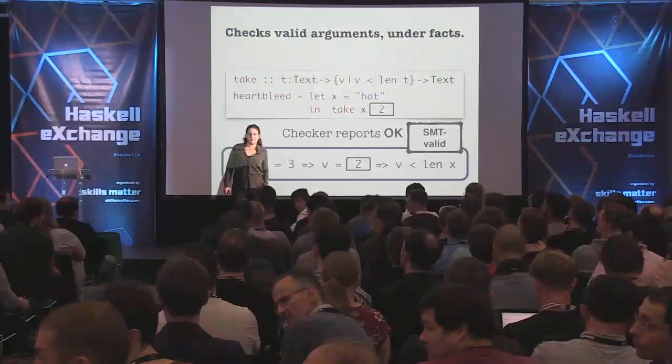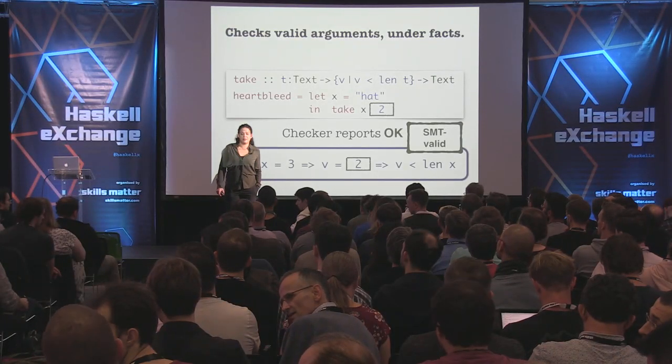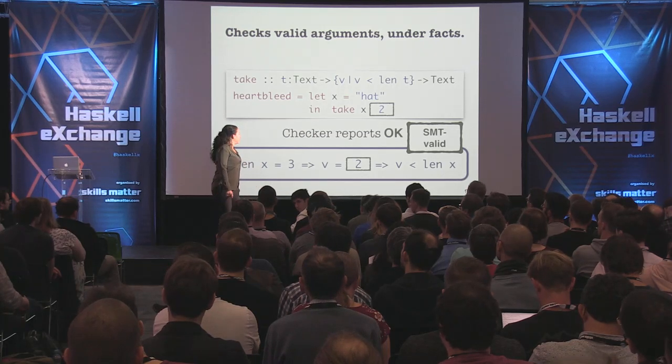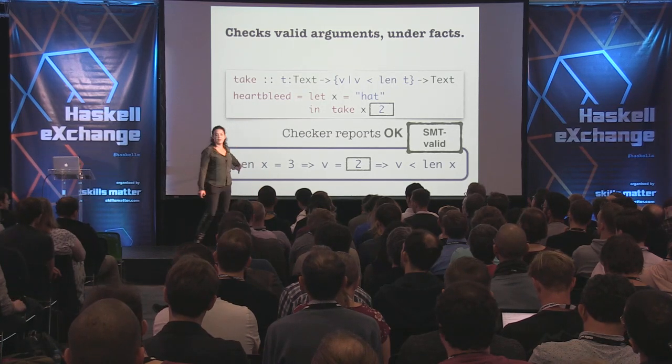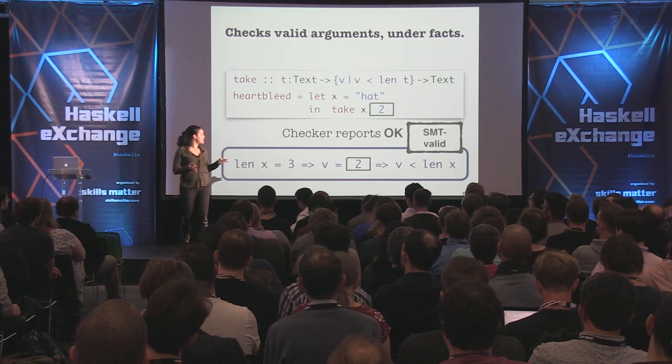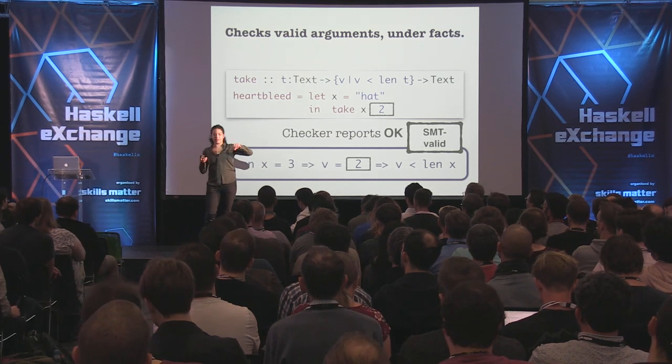Yes? What if the length is a value that comes from the user, a variable that comes from outside? What if length? The number of characters contained. Oh, so the idea there is basically LiquidHaskell is abstracting information.